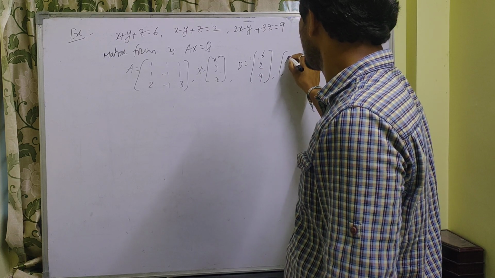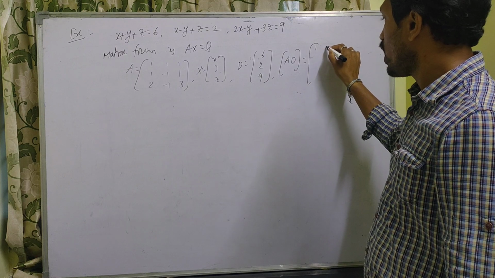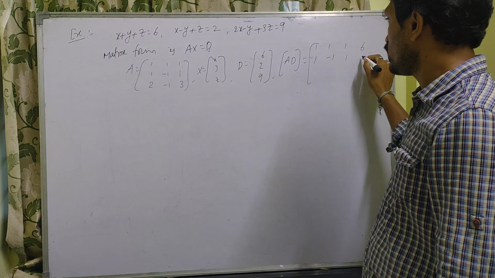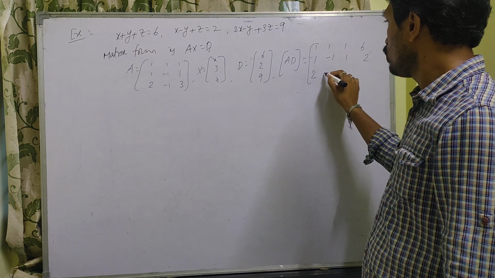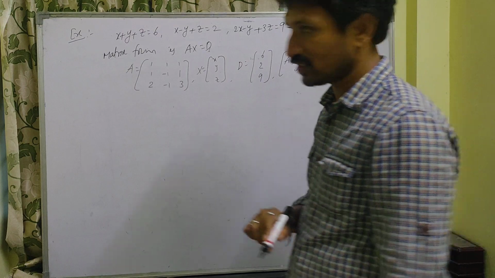And here AD is 1, 1, 1, 6; 1, -1, 1, 2; 2, -1, 3, 9. This is the augmented matrix.